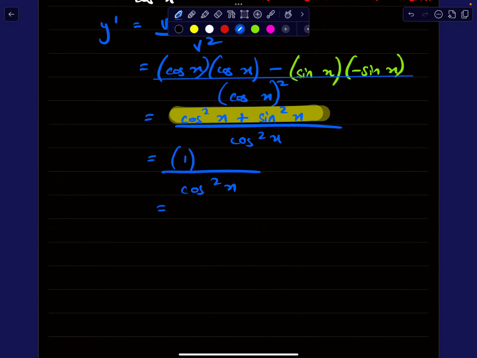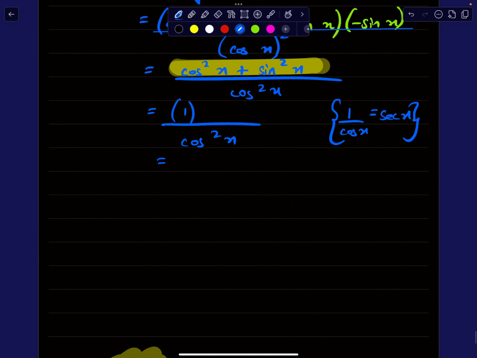So we know that 1 over cos is equal to sec x. Thus, simplifying this further, we have sec square x.